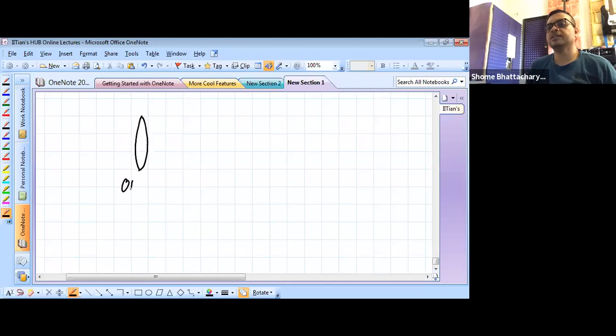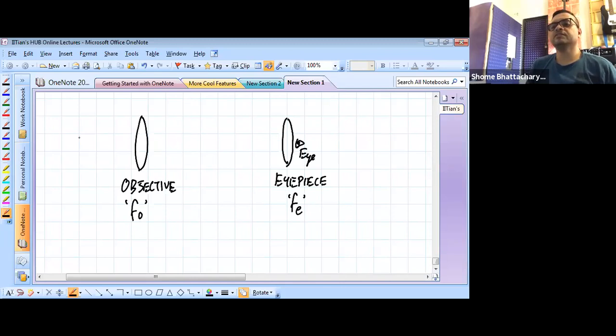One called the objective lens, typically we denote the focal length as f(o), and the other is called the eyepiece with a focal length of fe, because we keep the eye right against this. The eye is placed right against this, and the objective lens actually looks into the object.